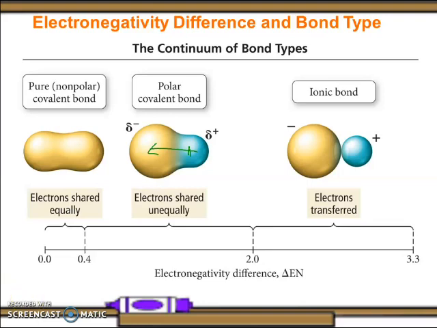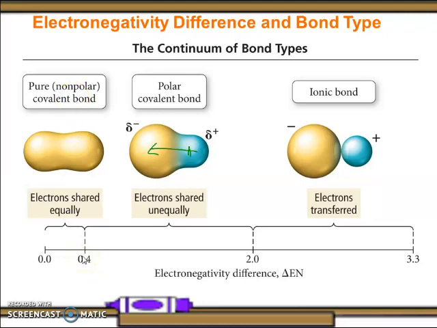If the difference in electronegativity between bonded atoms is 0, the bond is pure covalent, meaning equal sharing. If the difference is 0.1 to 0.4, the bond is a non-polar covalent bond.